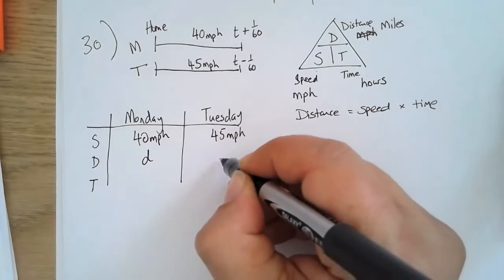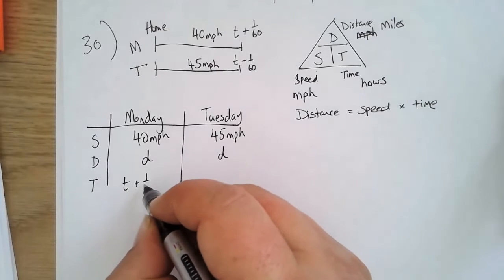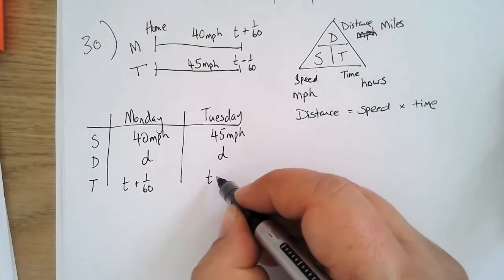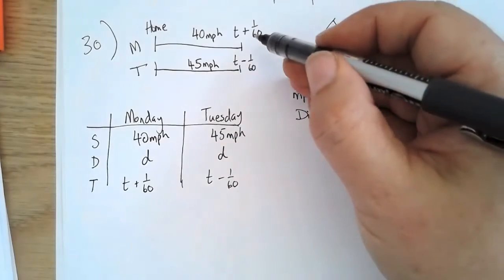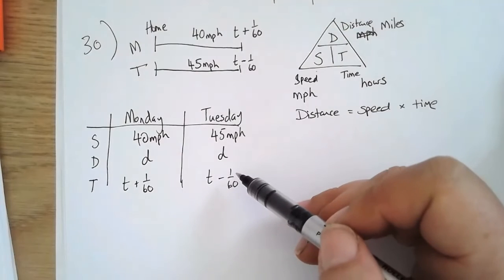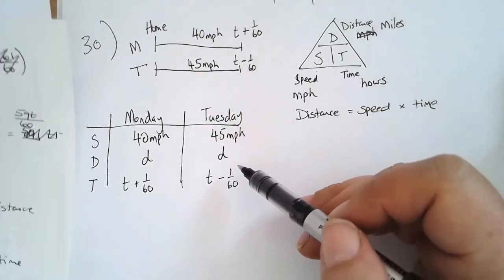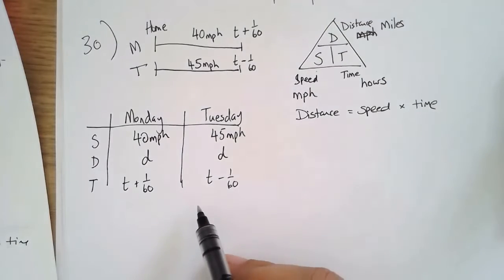Whatever these distances are, they're going to be the same. And the time, as you see, it's exactly the same information here and here. You can choose one or the other. You don't need to do both. You might be able to do it in your head, and that's absolutely fine. I find that I can't.